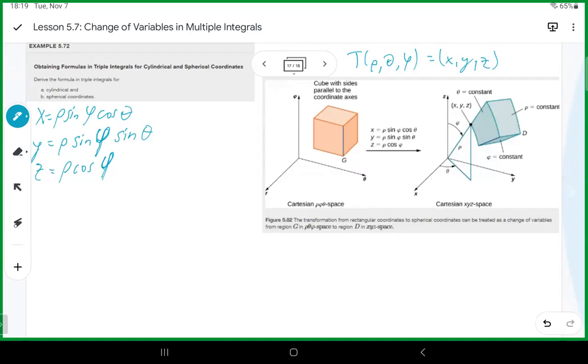So then if we do the Jacobian, okay. All right, this gets wildly long, so we might need another slide.